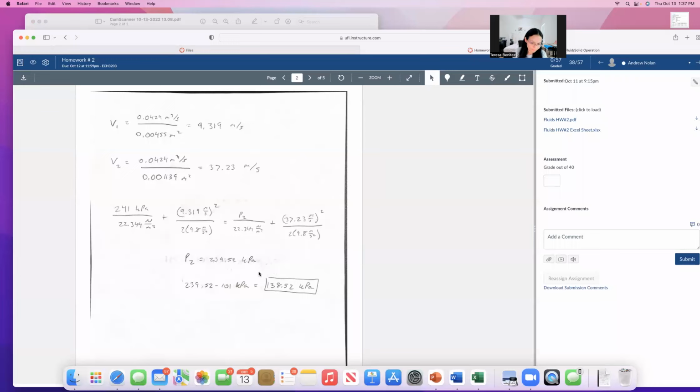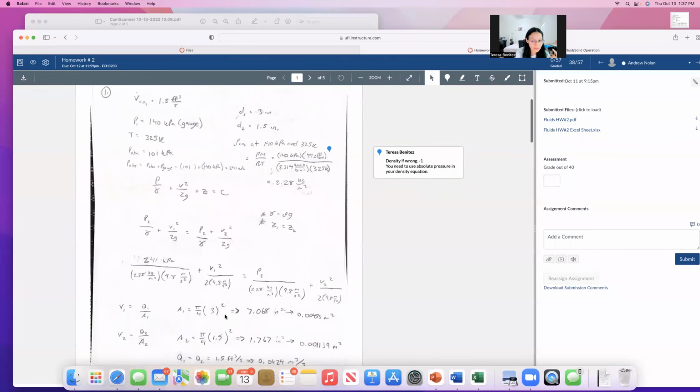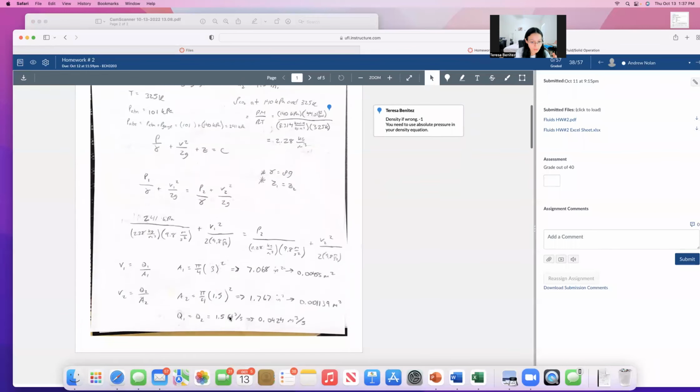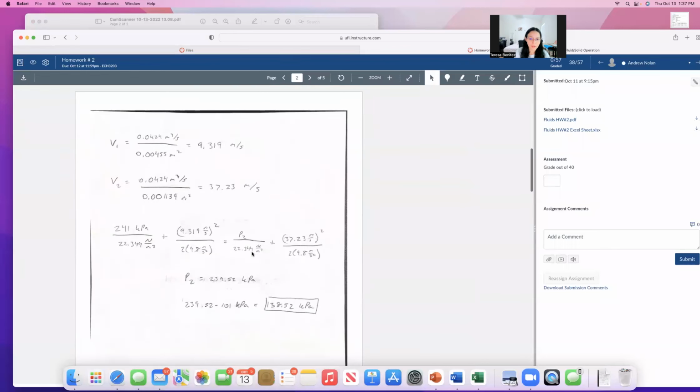So here, this is a tricky one because they calculated this, they used gauge, right? They have 239, which is very close to what they need to get. And I'm trying to see where the density is. We want it to be consistent. Here's 228, so that value is very close to the right value.